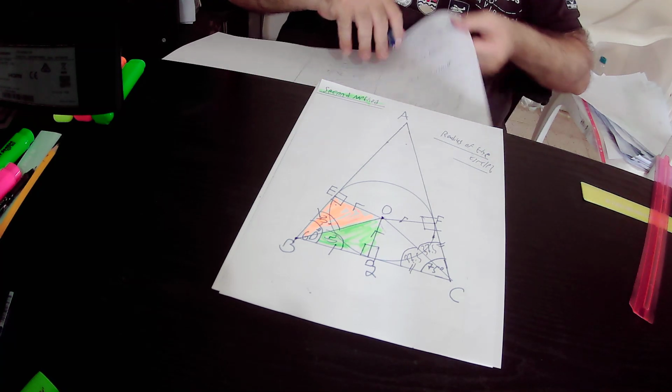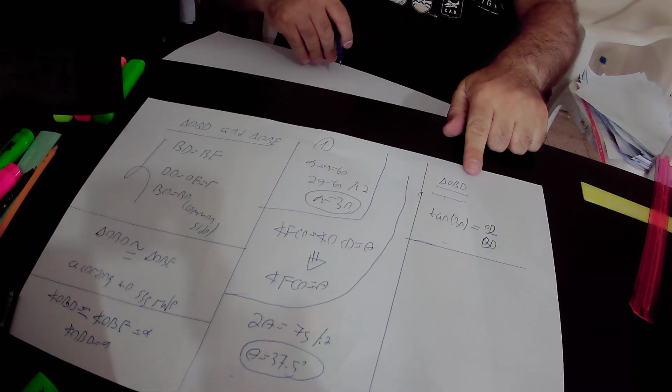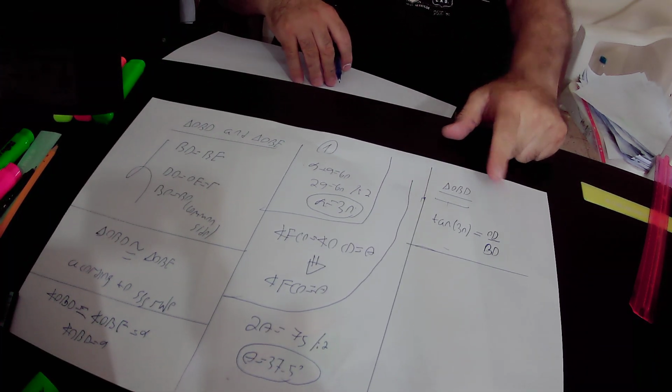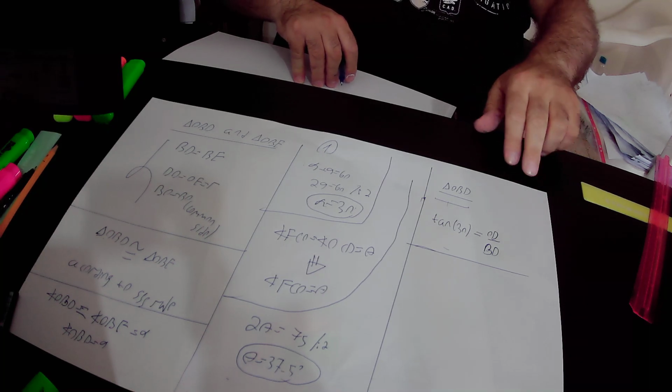Again, in triangle OBD, tangent 30 degrees equals OD over BD.